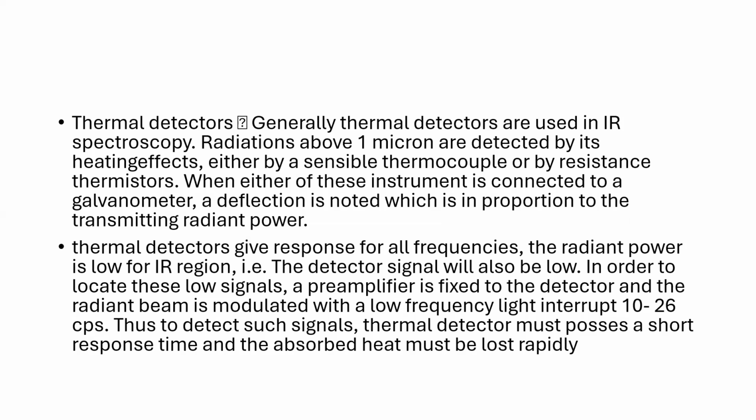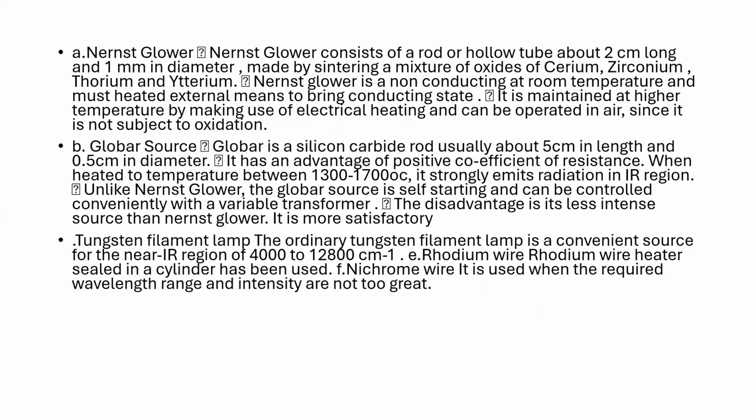Thermal detectors work on the heating effect, so resistance thermistors and thermocouples sense that, and the signal is passed on to the galvanometer, where a deflection is noted. We will talk in more detail about thermal detectors in UV visible also. Just 2 or 3 lines about thermal detectors here is more than enough.